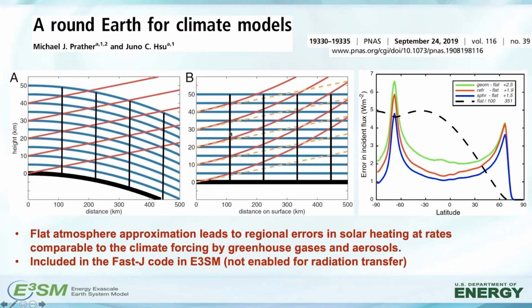In this paper, we found that the flat atmosphere approximation leads to regional errors in solar heating comparable to the climate forcing by greenhouse gases and aerosols. This round Earth fix is included in the Fast-J code in E3SM right now, but it's not enabled for radiation transfer calculation.